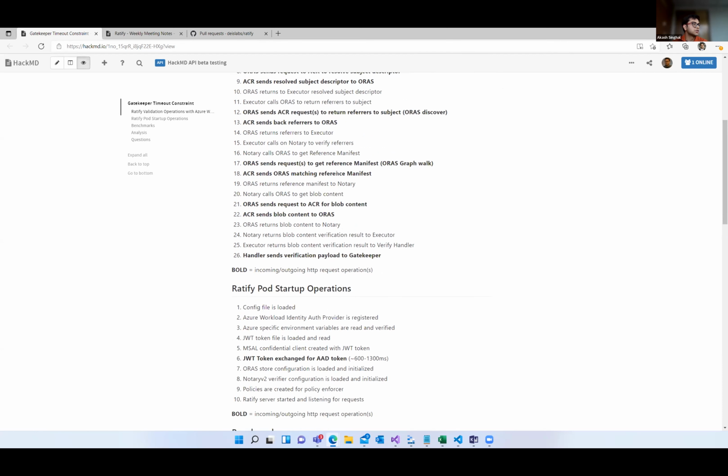Once this operation is complete, it takes the manifest of the artifact, finds each of the blobs in that manifest, and then requests from ACR the actual download content of that blob.